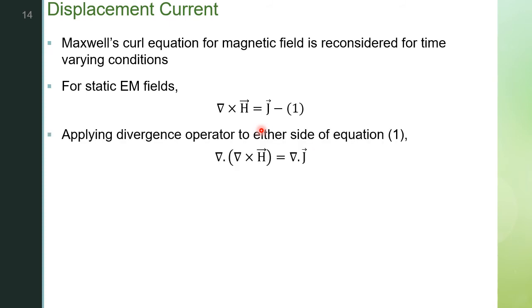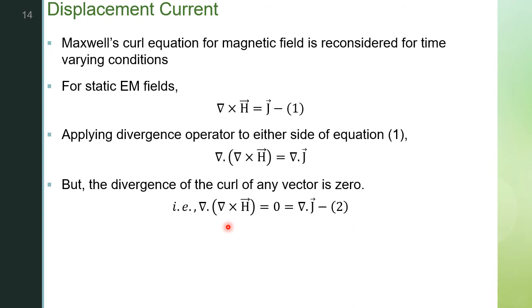So we will get del dot del cross H is equal to del dot J. But according to the properties of vector identities, the divergence of curl of any vector is always equal to 0. So del dot del cross H, the divergence of curl, is equal to 0, and that will be equal to del dot J.